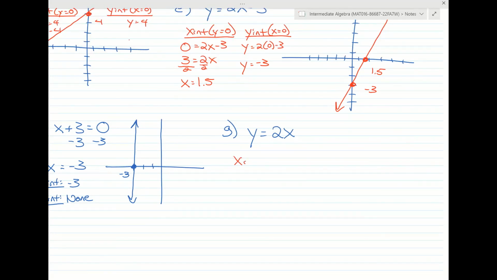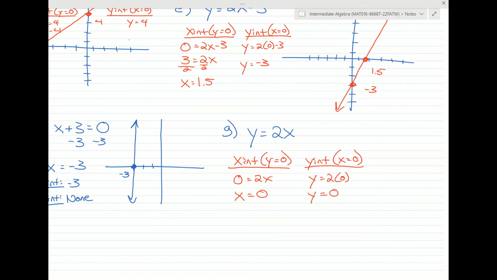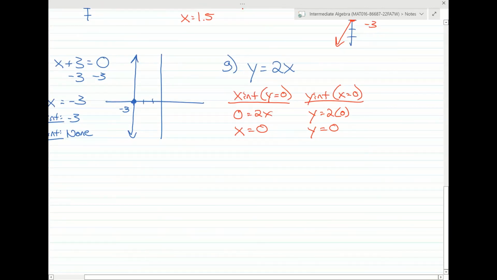If we go to get the x-intercept by making y 0, we just get 0 equals 2x. So the x-intercept is 0. To get the y-intercept, you put 0 in for x, and y would be 0. So that's not really helpful either.